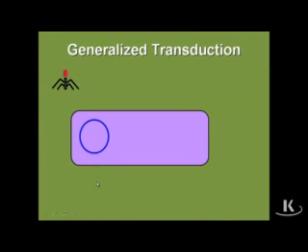In generalized transduction, this little guy comes in, and he has all of the attachment proteins needed to what? To bind to another bacterial cell. It's still capable of delivering genetic information from the phage to the bacteria. So it will do that. But now it didn't inject phage DNA.